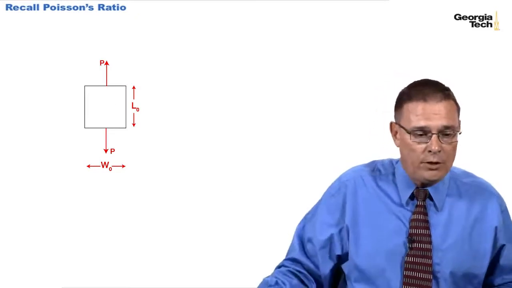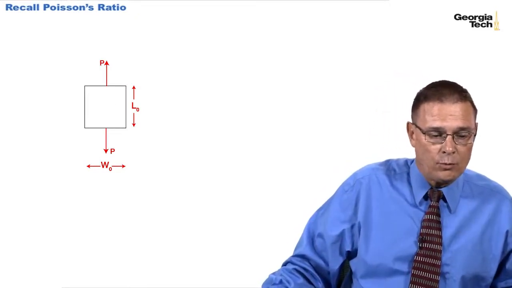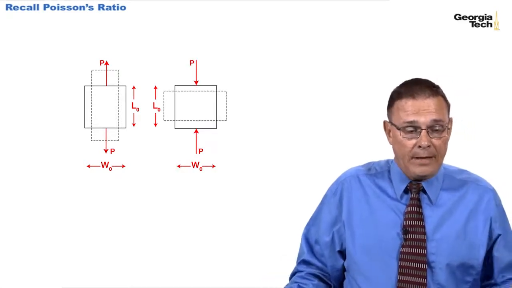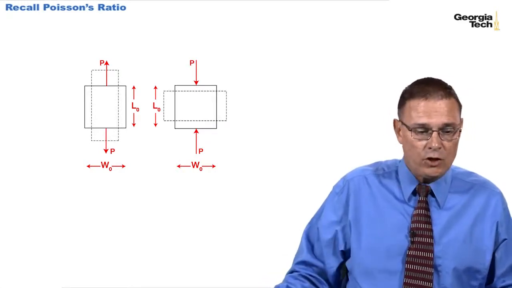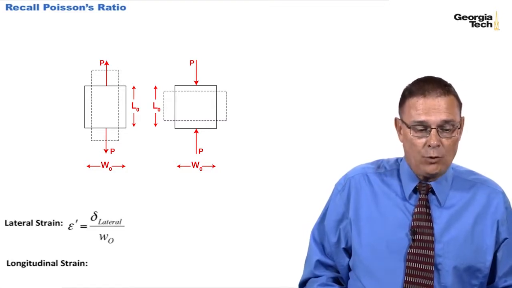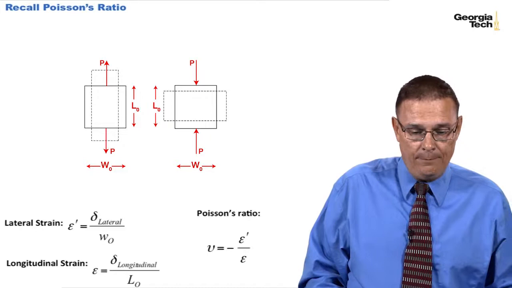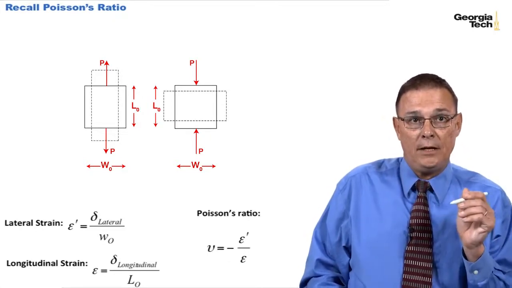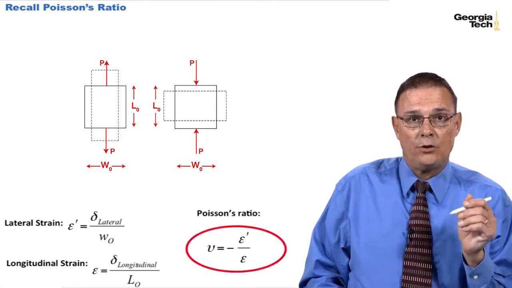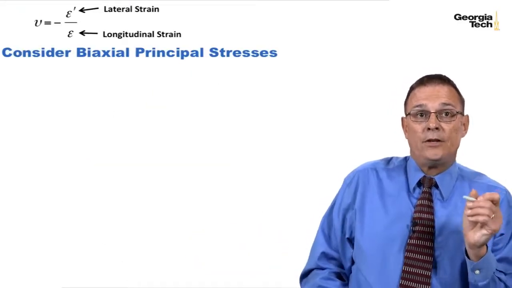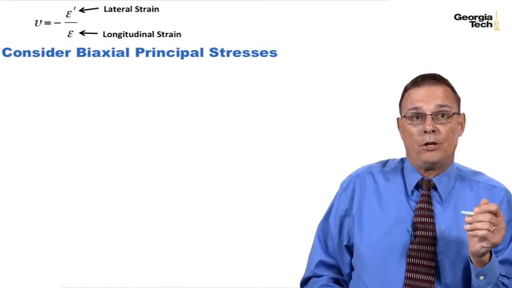And so I want you to now recall Poisson's ratio, which we talked about earlier in the course. We defined Poisson's ratio with the lateral strain and the longitudinal strain. And the Poisson's ratio was negative the lateral strain divided by the longitudinal strain. And so we are now going to consider biaxial principal stresses.